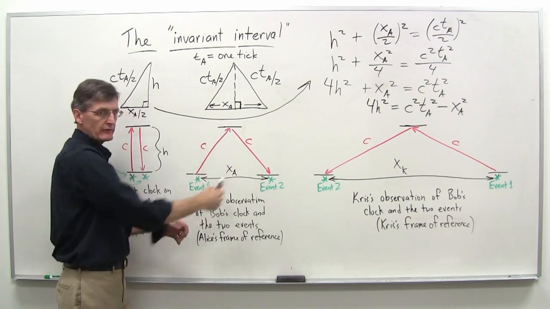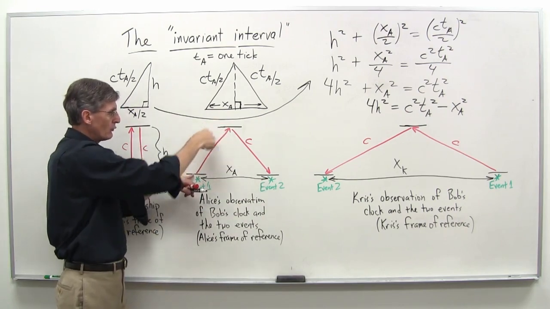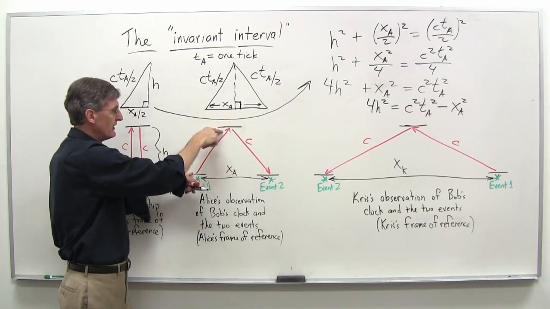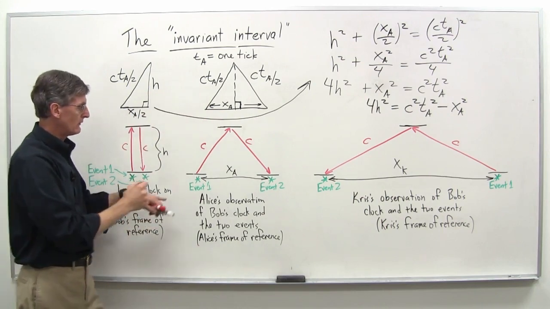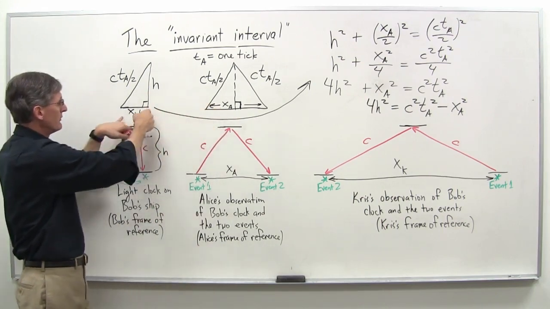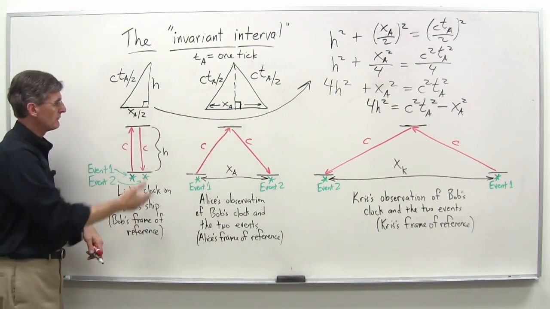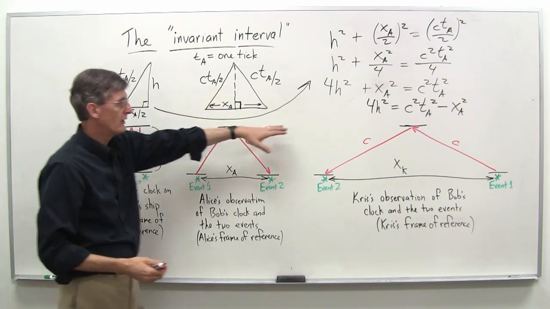We know the speed of light is c, so we know this distance it covers. If we define one clock tick, ta, the time from here to here, this is c ta over 2, half of the time. And then when we do the triangle and split it in two, we get xa over 2 here. And then we just apply the Pythagorean theorem, realizing that we've defined the height to be h. Do a little manipulation there, and we get this.